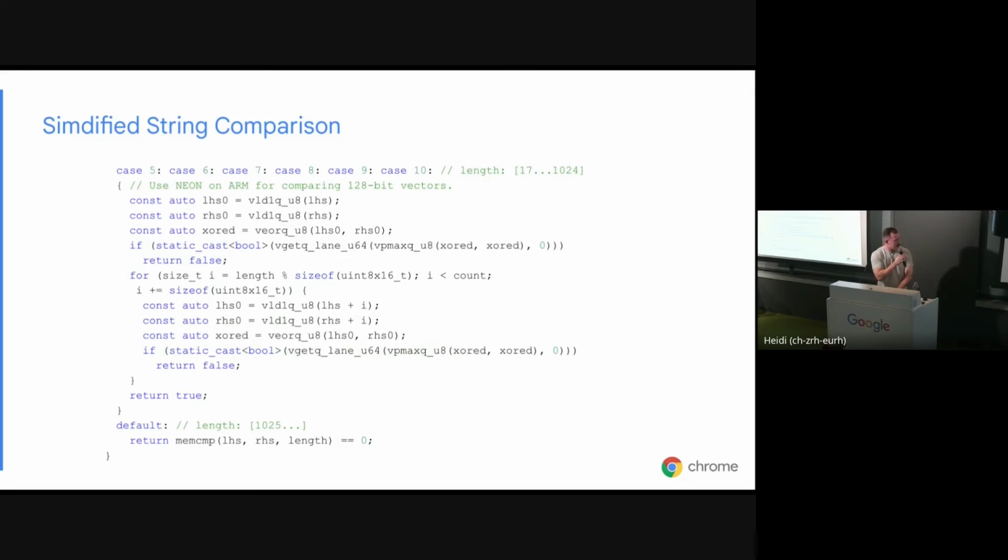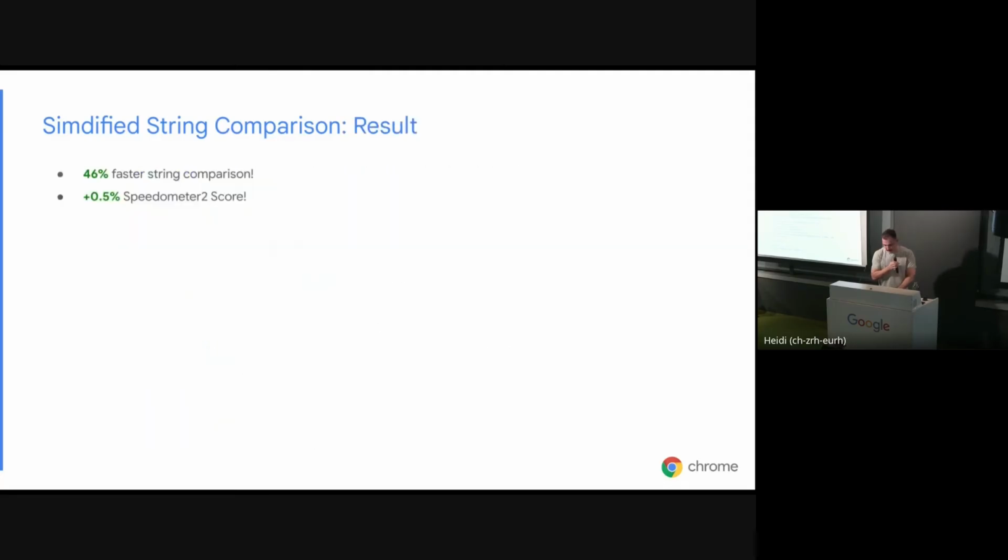It's not really important what happens here. But for the large case, we fall back to memcmp. The result was actually surprising. We got 46% faster string comparison, which resulted in a 0.5% Speedometer score improvement. I believe mostly the reason is just avoiding the function call.